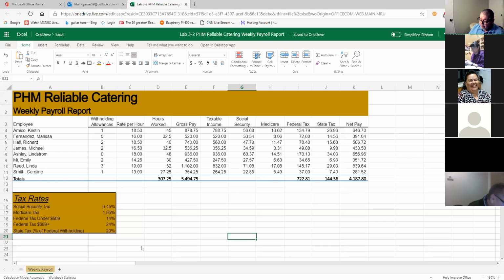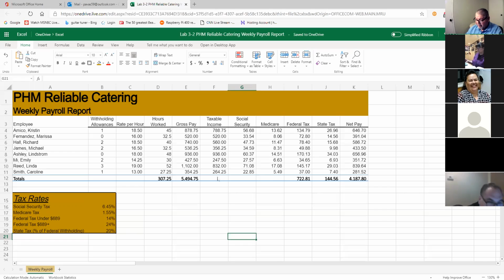Thank you. And you know what? At this point, we should do the totals that we're missing. We're missing the total for taxable income, which is 5,494.75. Oh no, the next one, the social security. Wait a minute. Oh, gross pay and taxable income is the same. How funny.